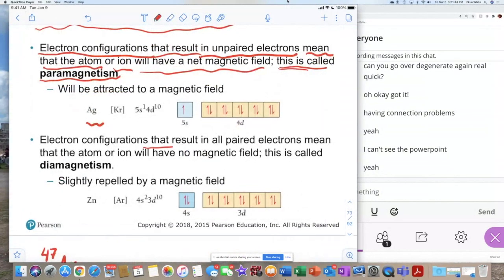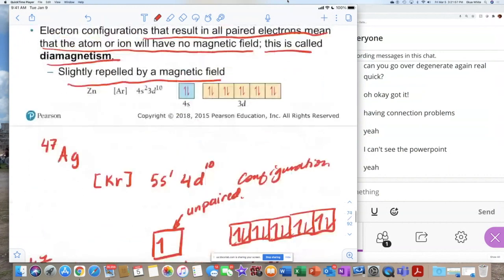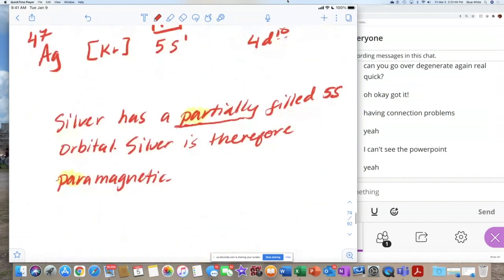Electronic configurations that result in all paired electrons mean that the atom or ion will have no magnetic field. This is called diamagnetism. This metal will be slightly repelled by a magnetic field. Our example here is zinc.